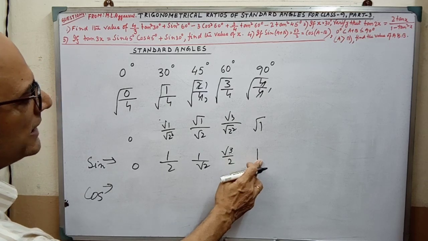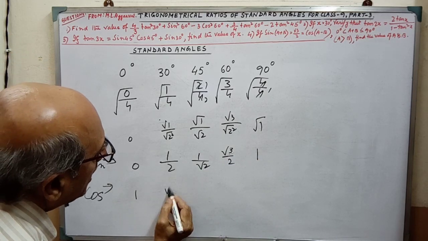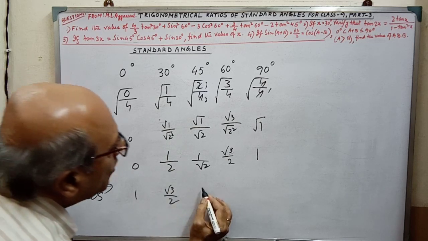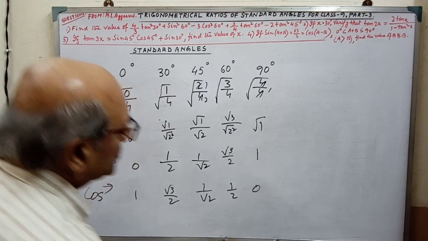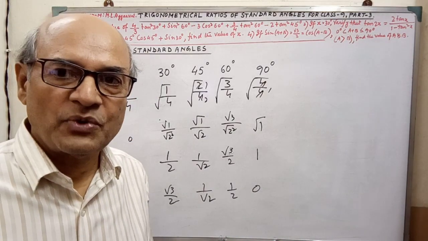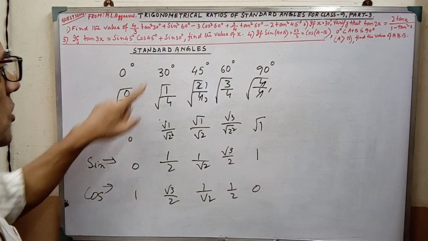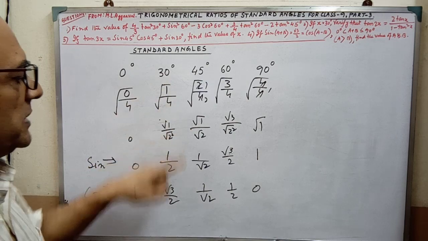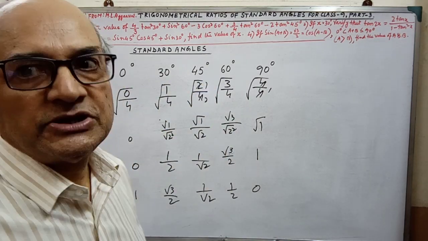Reversely, that means 90 will be 1 for 0, 1, root 3 by 2, 1 by root 2, half and 0. In this way, what values we are getting, that is for cos. That is cos 0 degree 1, cos 30 degree root 3 by 2, cos 45 1 by root 2, cos 60 half and cos 90 0.